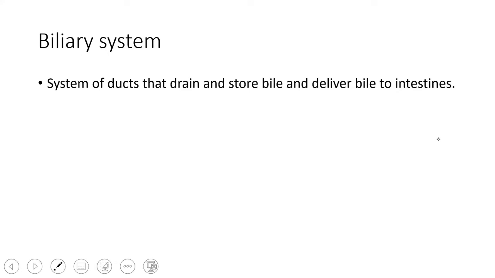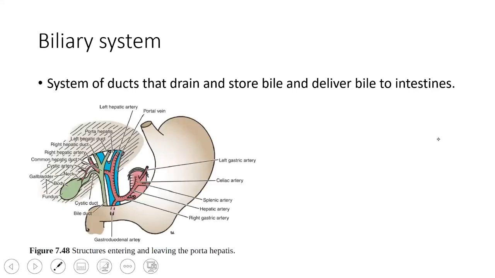So then we come to the biliary system. The biliary system is how the bile is drained from the liver. Right? So you have the bile canaliculi draining into the bile ducts, and then for the liver, you have two bile ducts draining it. You have the right hepatic duct and the left hepatic duct.